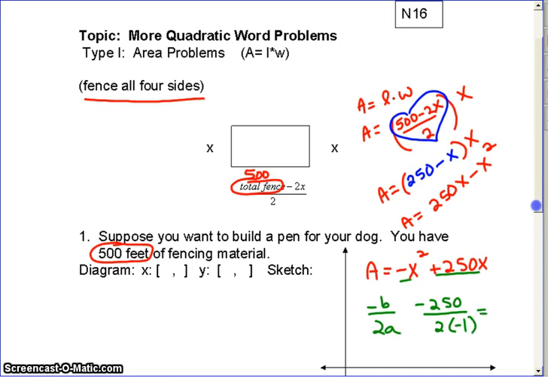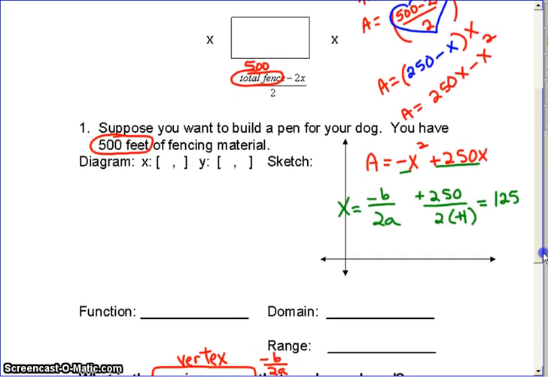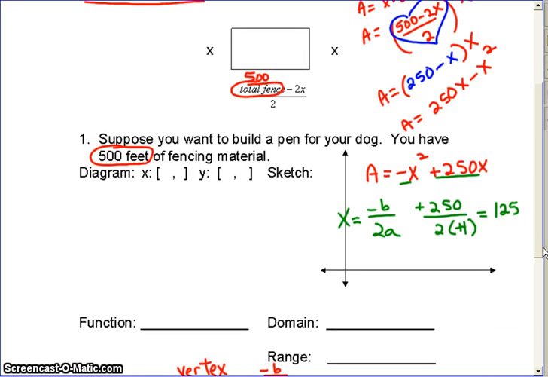So negative divided by negative turns into a positive, and 250 divided by 2 is 125. Remember that this is the formula for x. So x equals 125. What does that mean? What have I done here? Well, remember, that's the axis of symmetry.